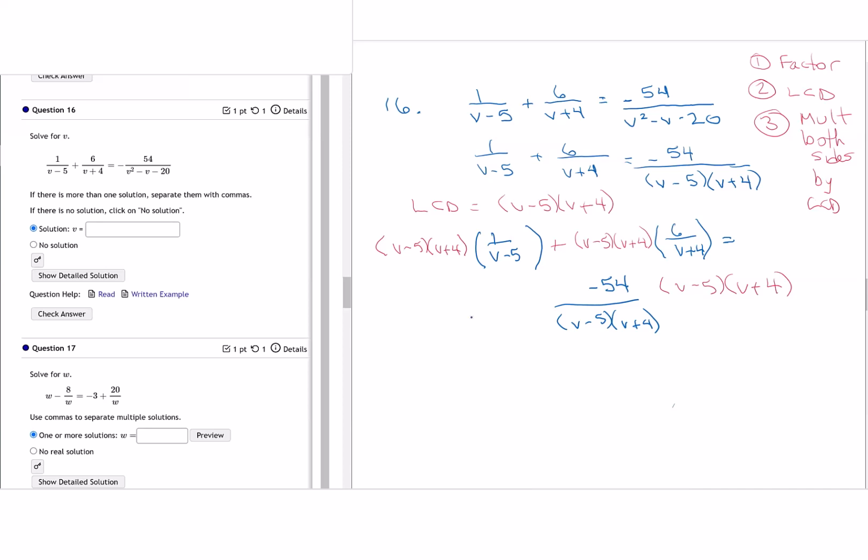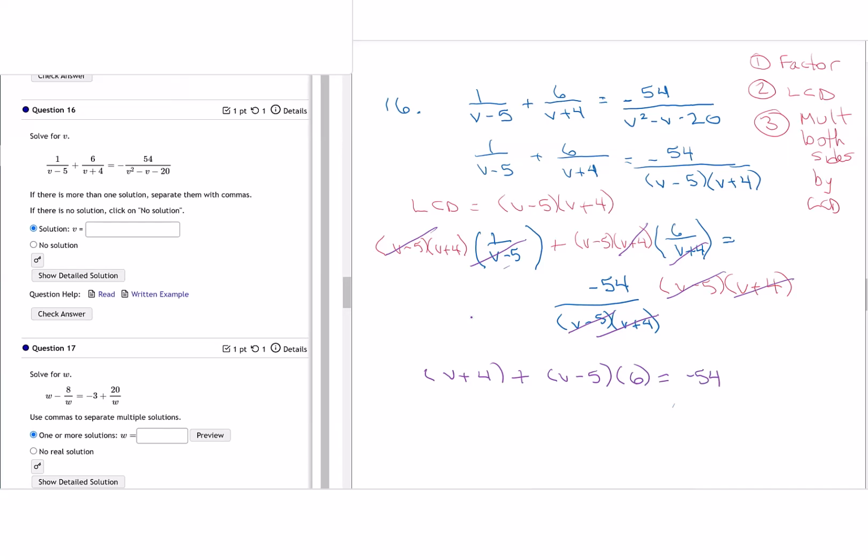Now, if I want to start canceling things, I can cancel V minus 5 with V minus 5, V plus 4 with V plus 4, and V minus 5 with V minus 5, and V plus 4 with V plus 4. What do I have left? I have V plus 4 times 1, plus V minus 5 times 6 is equal to negative 54. And look at that. I don't have any denominators to worry about.